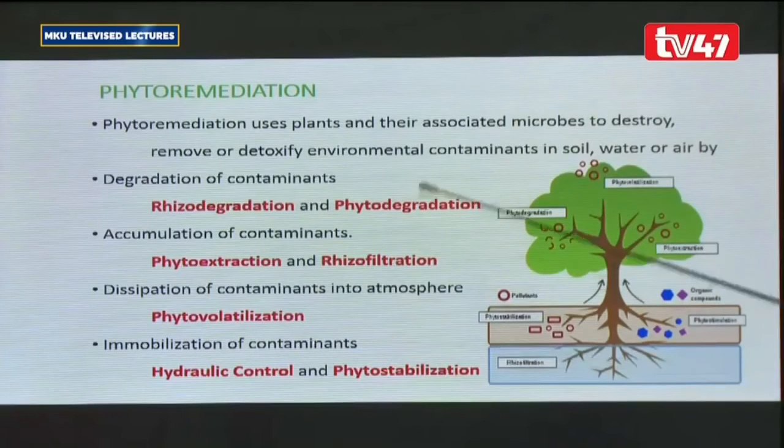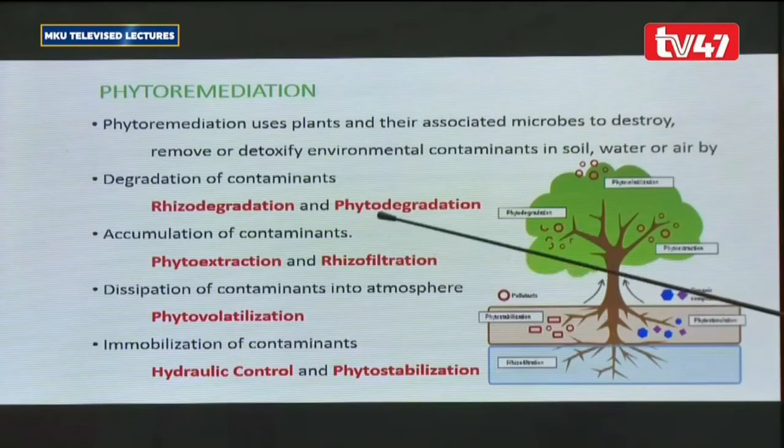So phytoremediation uses plants and their associated microbes to destroy, remove, detoxify environmental contaminants in soil or water. So we can have four methods. You can degrade the contaminant, you can accumulate the contaminant, you can dissipate the contaminant, where you convert it to a volatile form and release it in the atmosphere, or you can immobilize the contaminant.